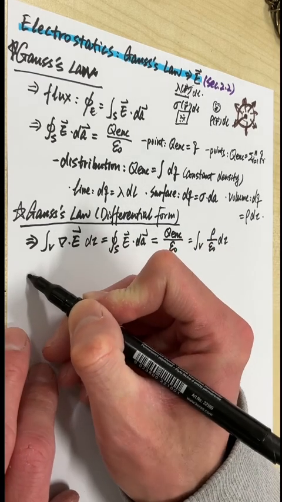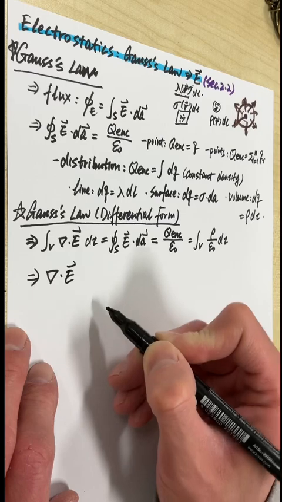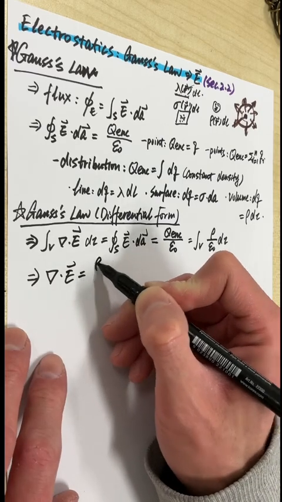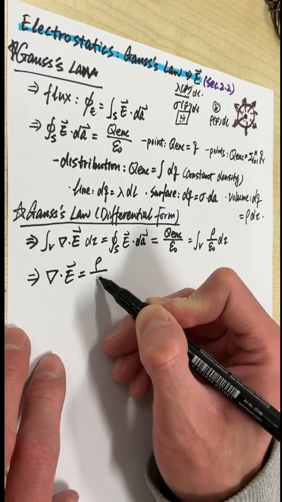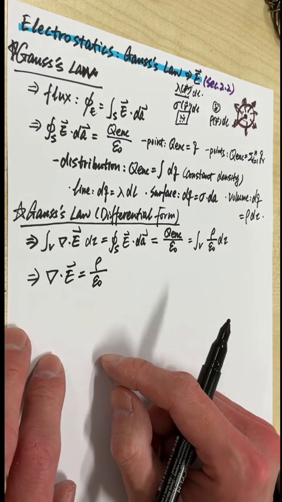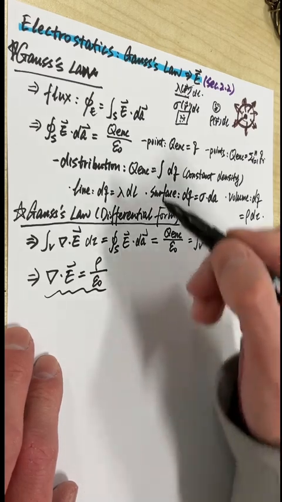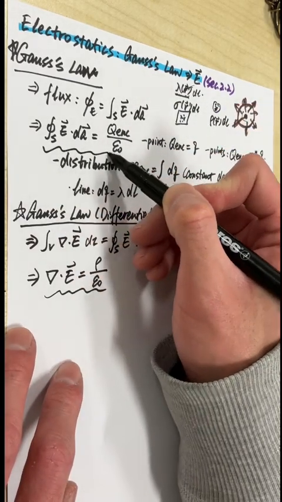So we can conclude that the divergence of the electrical field equals the charge density divided by epsilon 0. So this is the differential form, and this is the integral form.